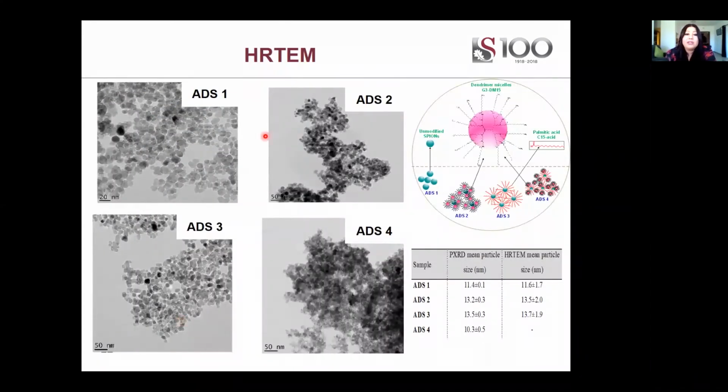So looking at the HRTEM of it, it makes quite a lot of sense. This is the naked or unmodified nanoparticles. This is adsorbent 2, which I expect to look a little messy because it's literally the dendrimer micelle and the naked nanoparticles.